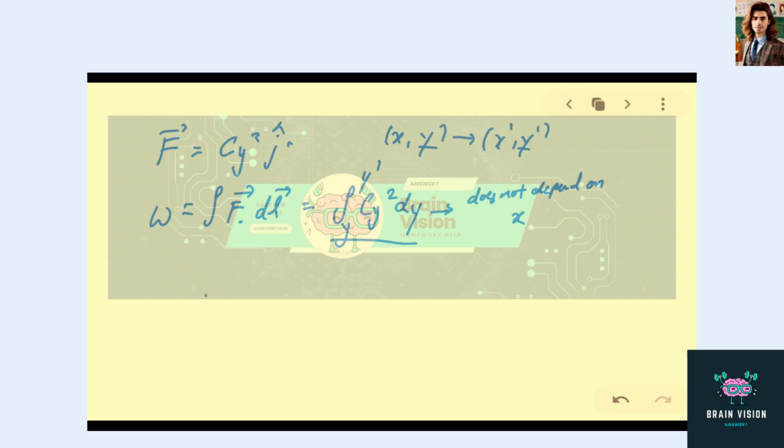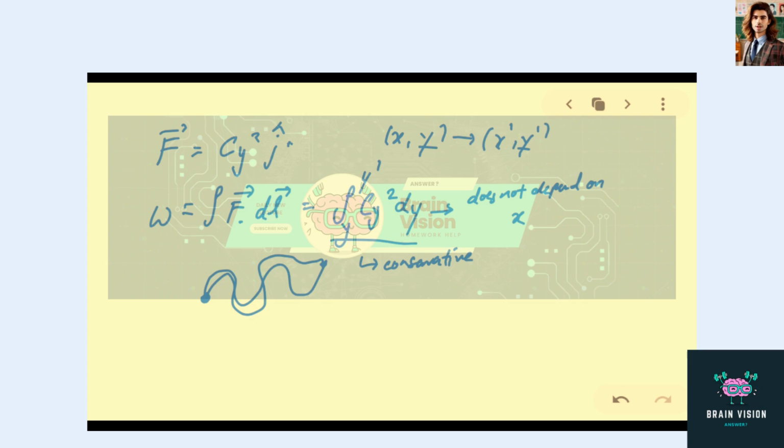So no matter what x values it takes in between, it would not affect our final answer, and so it can take any path as long as it arrives at the same y value at the end, right? It will not affect the total work done, and so this is a conservative force.